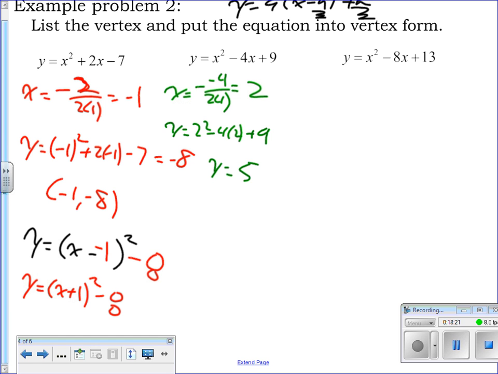So I get 2, 5 for my vertex. Plug it in. That part always stays the same. I plug in 2 and I add 5. The x-coordinate of my vertex, the y-coordinate of my vertex.